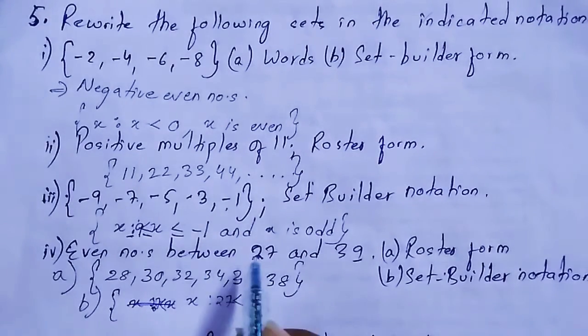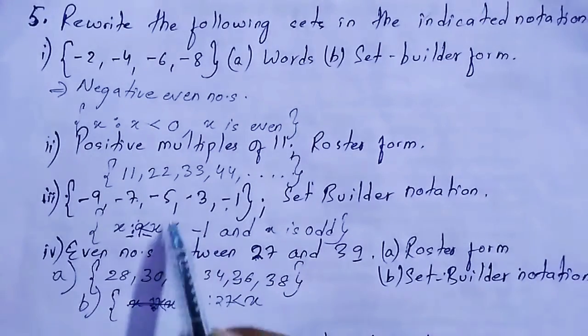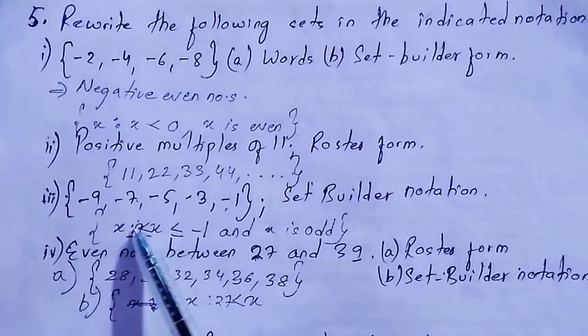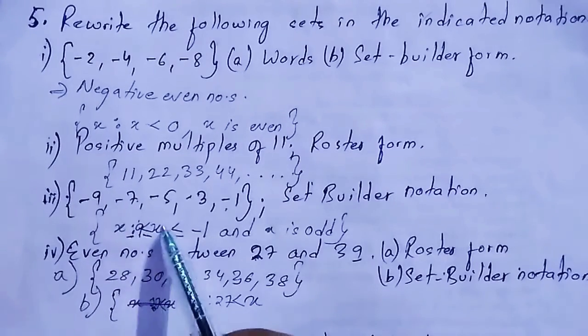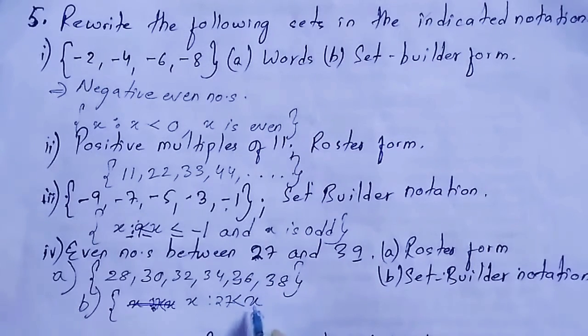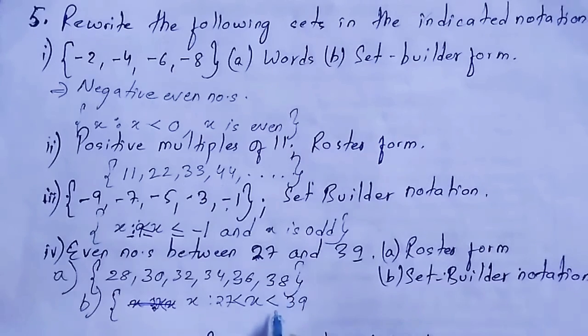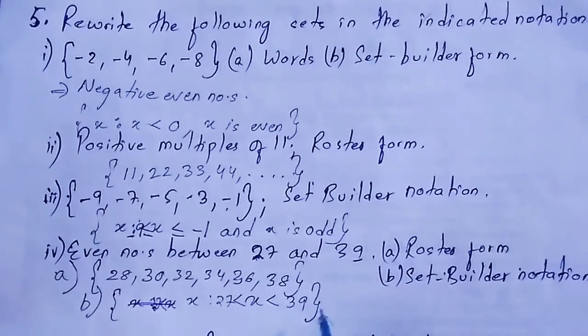You need to write all the numbers that come in between this and this. So here the equal to sign will not be there. But here -9 is there, so the equal to sign is there, x is greater than or equal to -9. So here it will be x is greater than 27 and x is less than 39. That means it is still 38. So this is how you need to write.